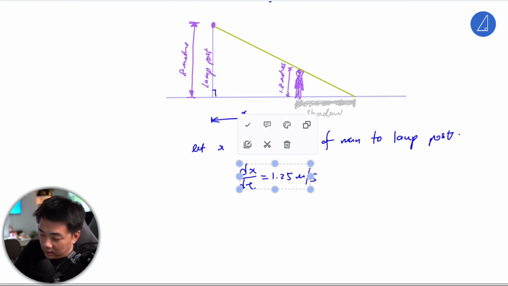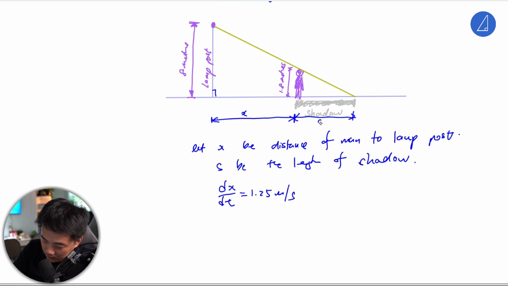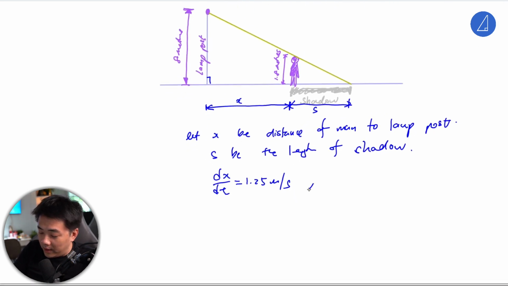And let s be the length of the shadow. So now we need to find ds/dt. That is the question.